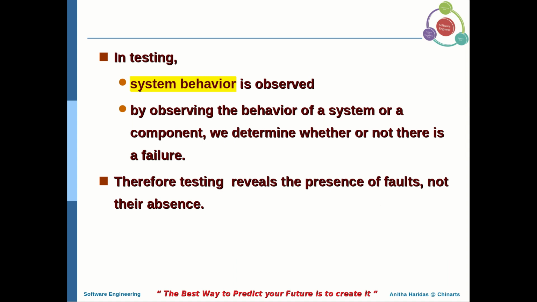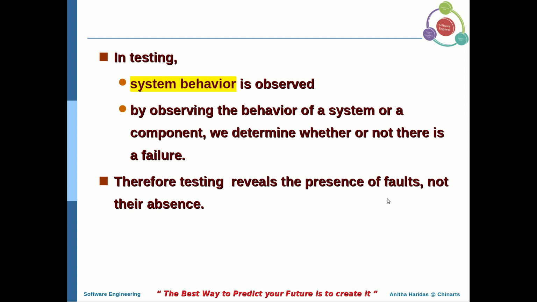I repeat, when you are testing, you observe the system behavior. By observing the behavior, you can determine whether any failure is there or not. That is why we say testing generally reveals the presence of faults. An error leads to a fault and a fault leads to a failure. So if there is a failure, you understand there is a fault, and since there is a fault, there is some kind of error in your program.